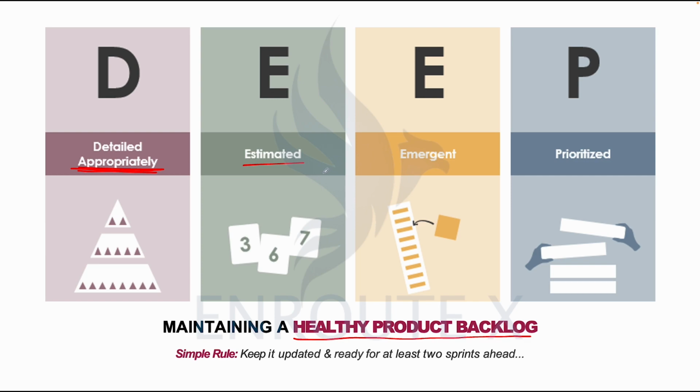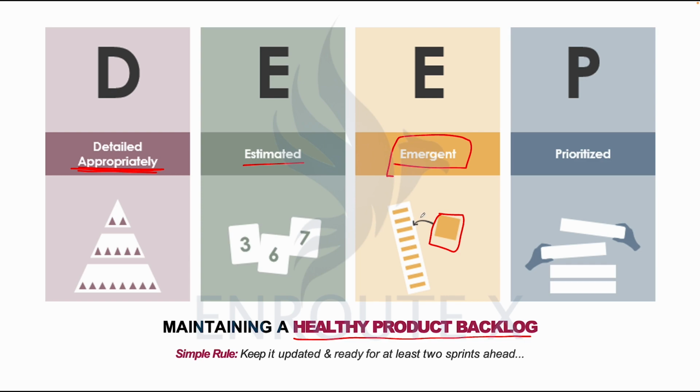Then again, the emergent, we've explained this again and again, where each work item is flexible. You could bring changes to it as needed. When the stakeholder came back and said, oh, could you move the logo to the left side?